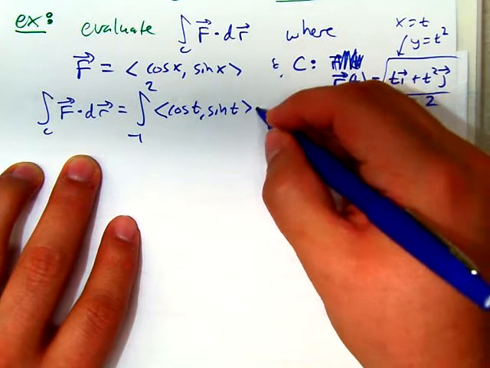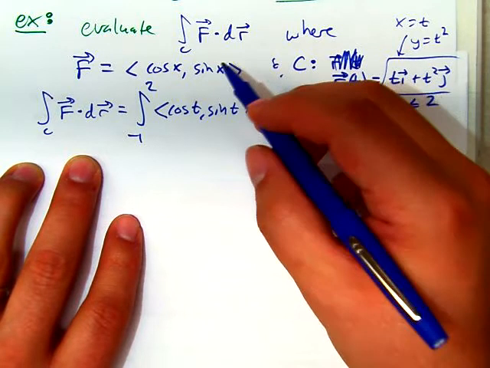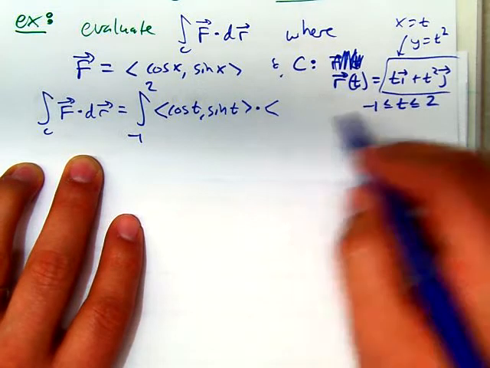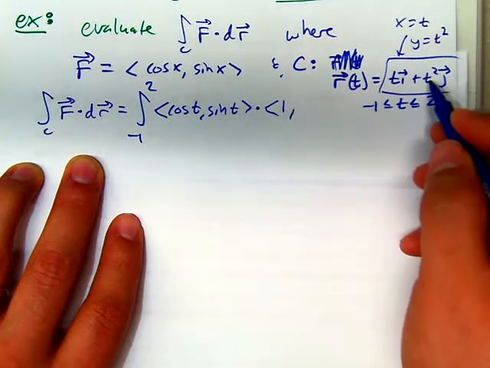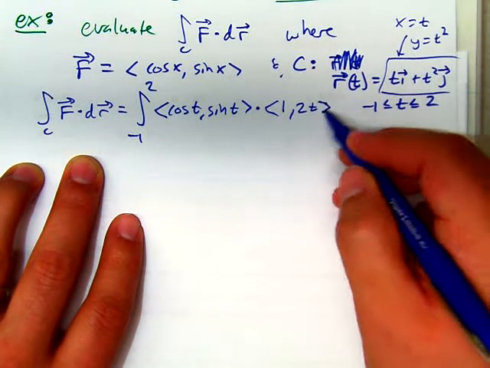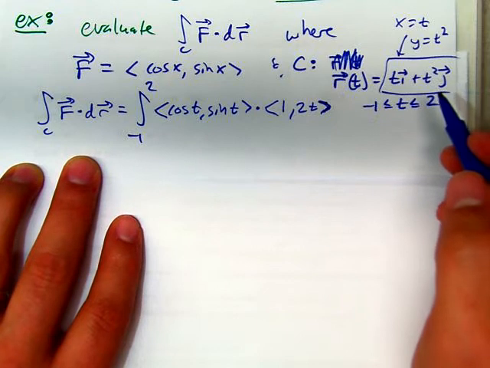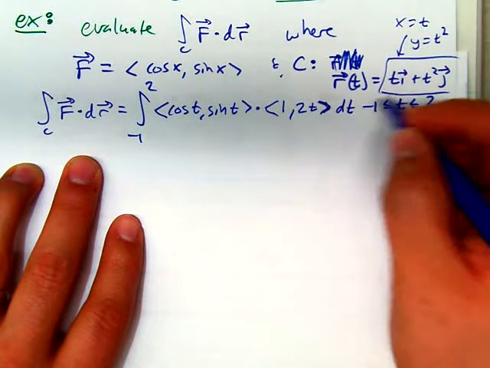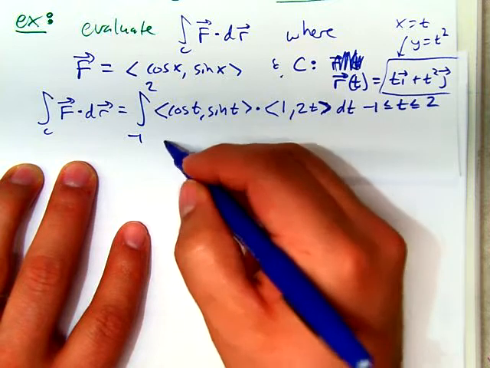And now I'm going to dot that with r prime. In this case, r prime is just 1 for the x component and then 2t for the y component. So now we just evaluate the dot product.